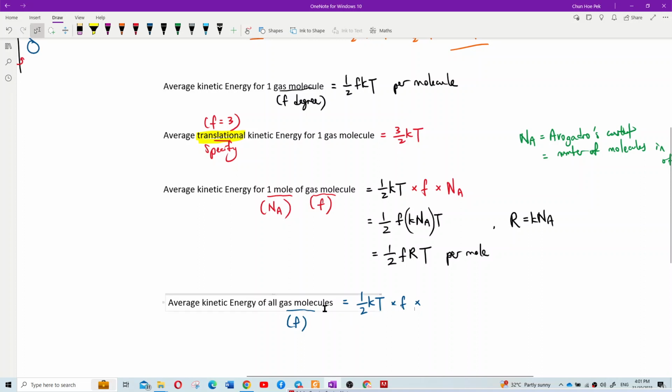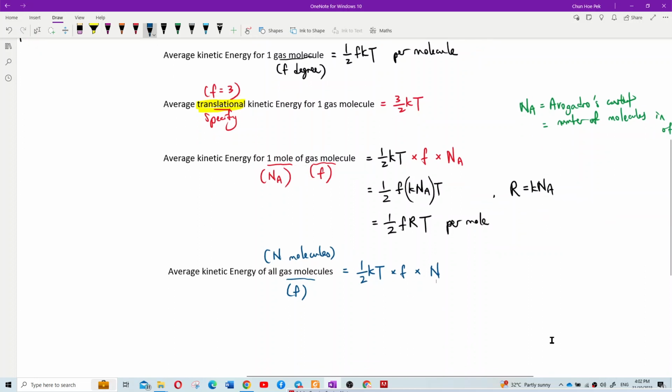Now, if you have all gas molecules, that means you have total N molecules. So what do you do, class? Multiply N. Remember, 1 over 2 FkT is the kinetic energy for one gas molecule. If you have N molecules, you multiply N. So what's the formula?